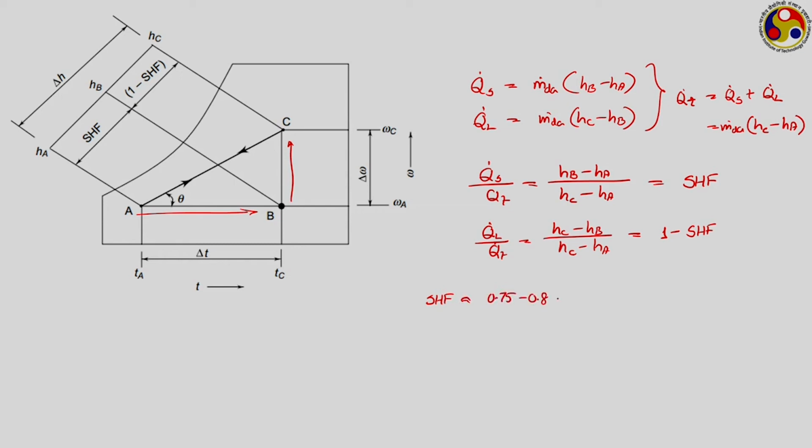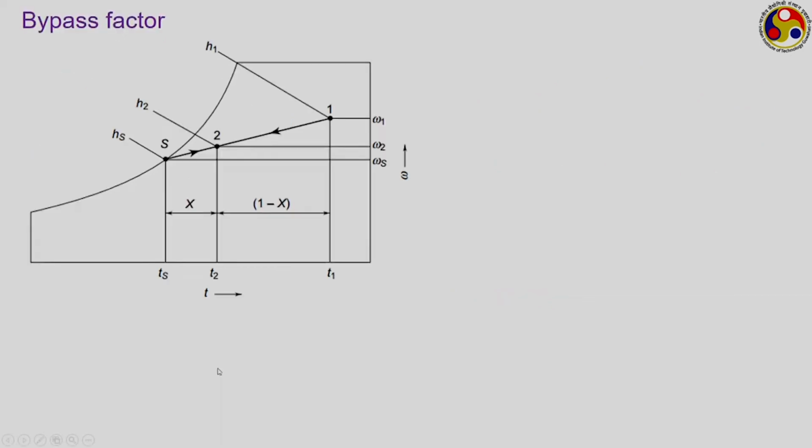Whereas, if you are dealing with a very humid climate, like outside the relative humidity may be in the range of 90% or something, or maybe it is raining, so it is very humid, then the sensible heat factor may well go in the range of 0.6, which is quite low, which refers to an extremely humid environment. And depending upon the sensible heat factor that is expected for your air conditioner, we have to design the system accordingly. Another design parameter that is also important is called the bypass factor.